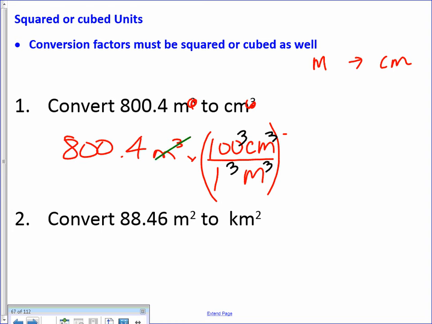Meters cubed. Okay, what is 800.4 times 100 cubed? What is 100 cubed? 10 to the what? What's 10 squared cubed? 10 to the 6th, right, which is a million. So 800.4 times a million, 800,400,000.